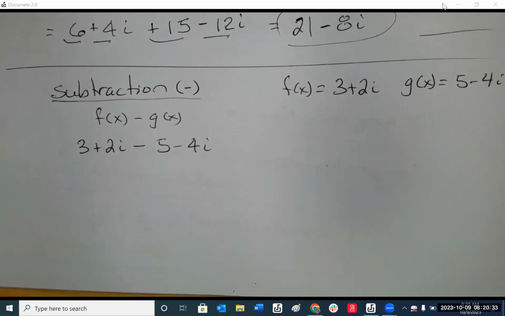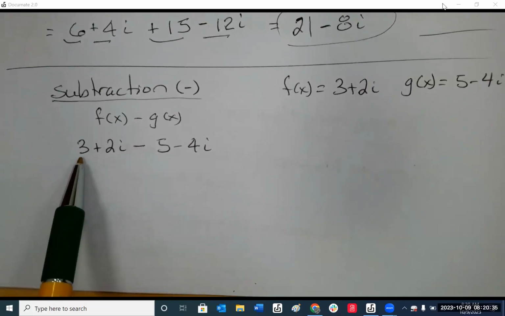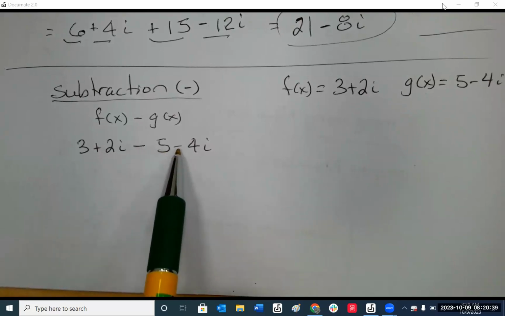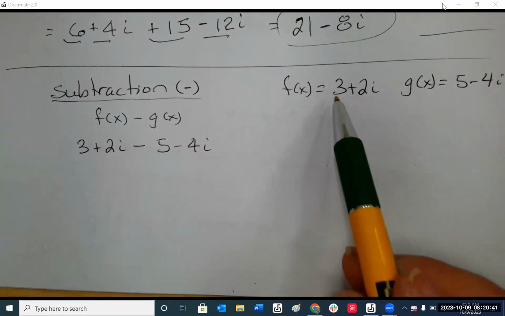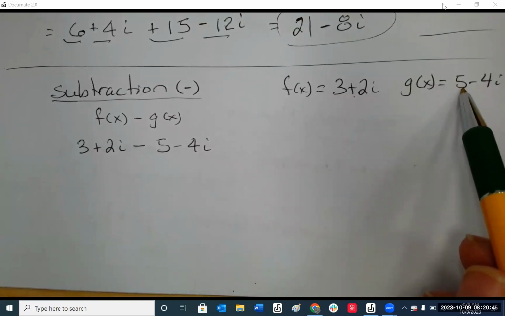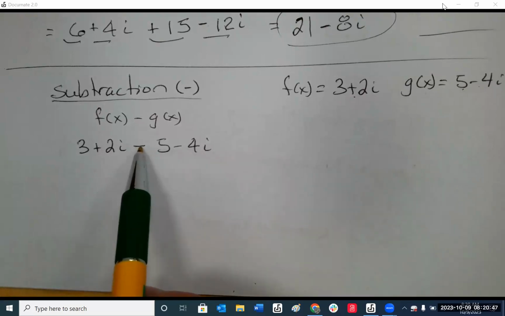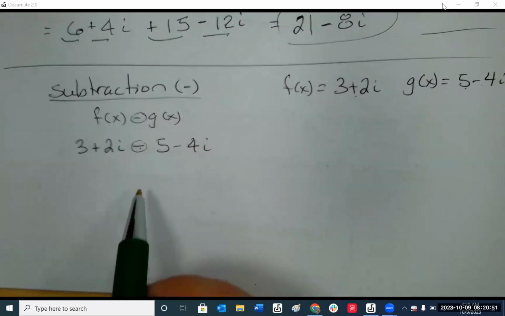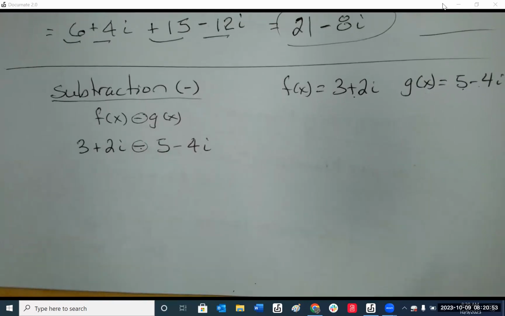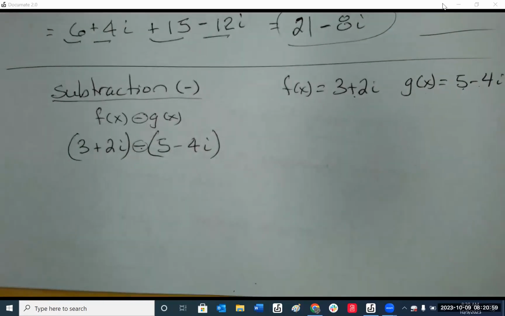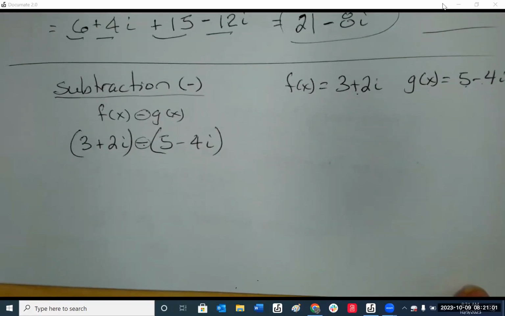No. Positive 3, positive 2, negative 5, negative 4. Positive 3, positive 2, positive 5, negative 4. So this negative, this minus sign, if I don't put parentheses, it changes that next term. That's why we always put parentheses whenever we put numbers inside of a function, an equation.